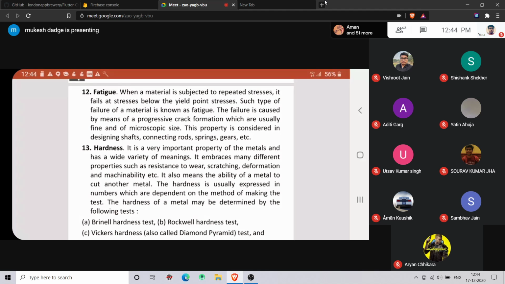नहीं तो ब्रेक हो जाएगा और पूरा सिस्टम फेलियर हो जाएगा उसमें. तो फटिग फेलियर बहुत इंपॉर्टेंट है, जिस पार्ट्स में मूवमेंट हो रही है बेसिकली. जैसे गियर्स है, गियर रोटेट हो रहा है, स्प्रिंग्स में एक्चुएशन हो रहा है, कनेक्टिंग रॉड्स, शाफ्ट्स रोटेट हो रही हैं. कनेक्टिंग रॉड की स्लाइडिंग मूवमेंट होती है.